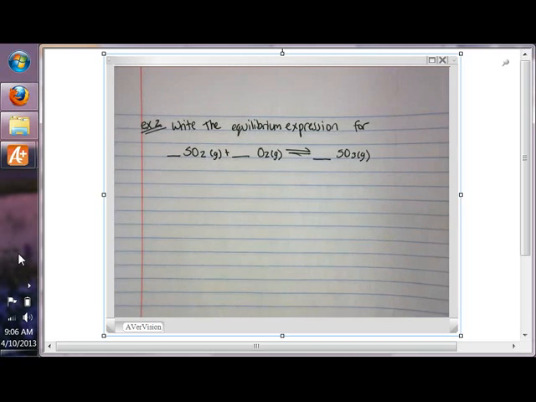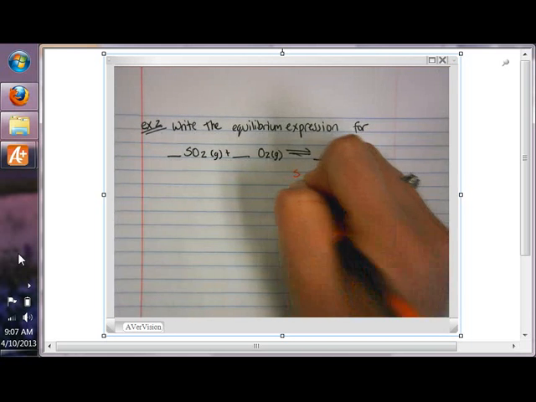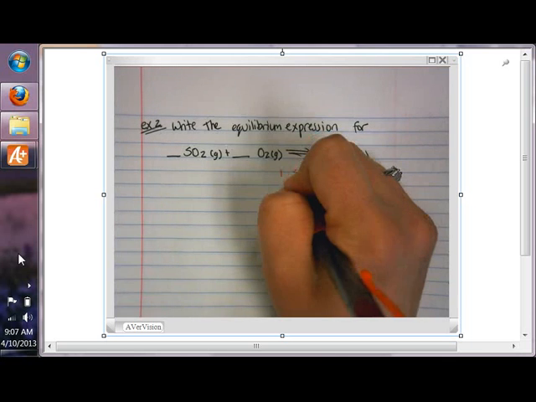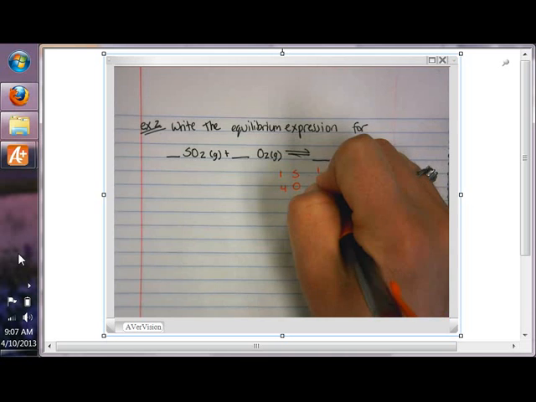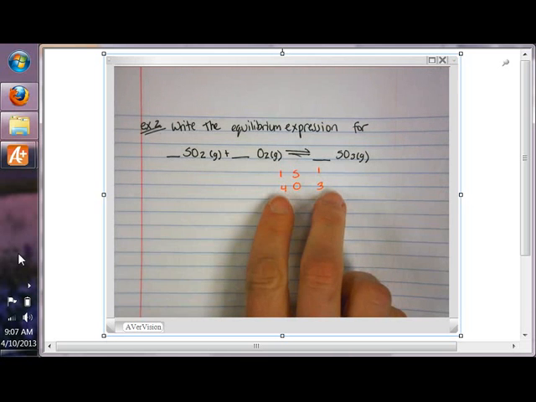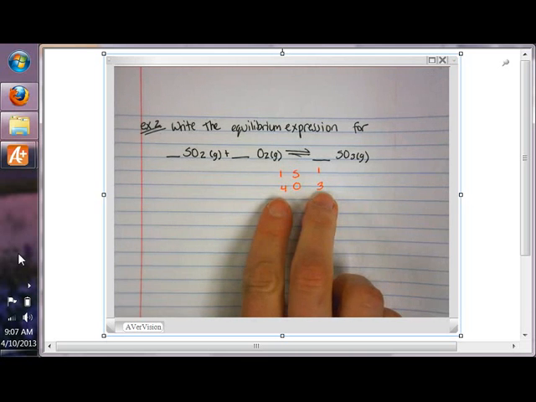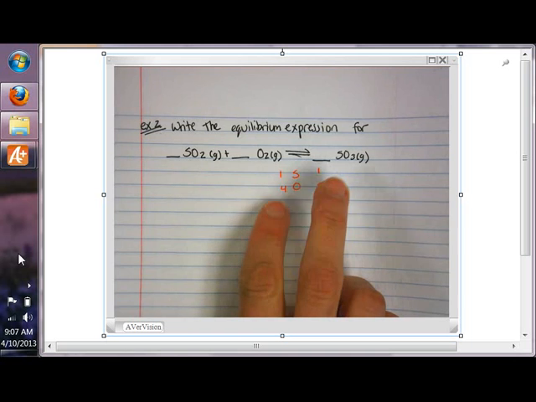It looks like I've got S's and I've got O's. I've got 1 S and 4 O's on one side, and I've got 1 S and 3 O's on the other. So in this case, let's see. I can make 12, or I think if I made 6 of these on each side, that would also work.